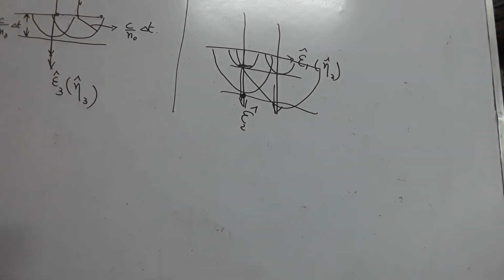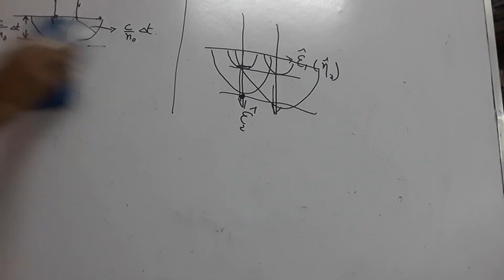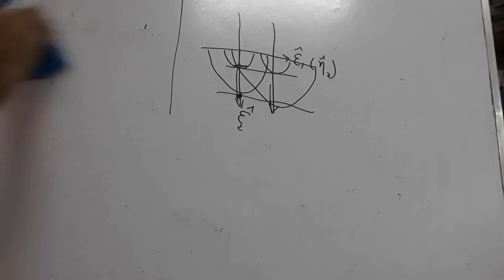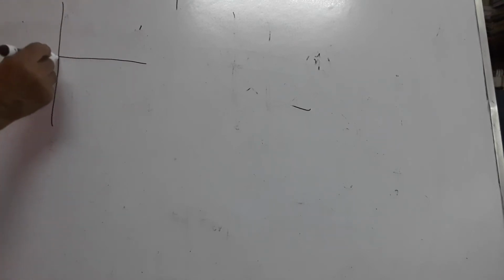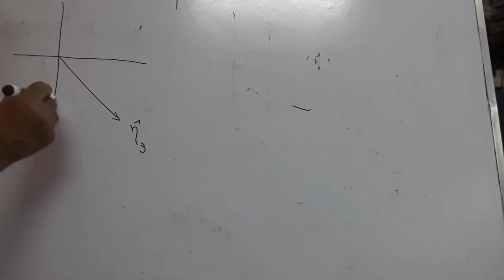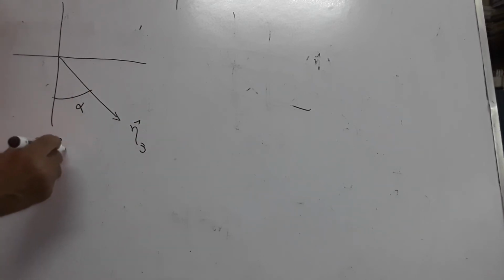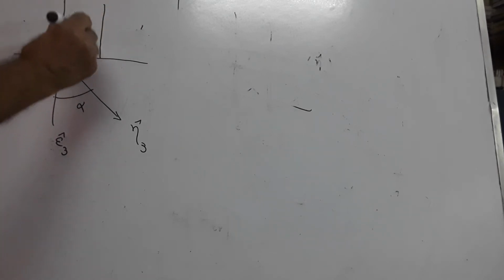Now let us do the analysis for the case when the optic axis is making an angle alpha with respect to the third axis. Light ray is coming in this direction, light ray is coming like that.